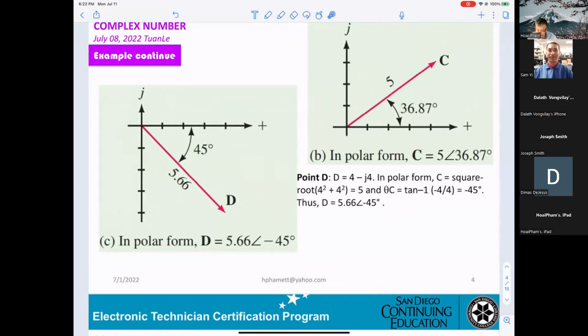For the polar, you get the amplitude and the phase angle minus 45. So D will be 5.66, angle minus 45 degrees.